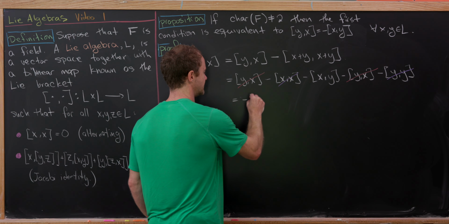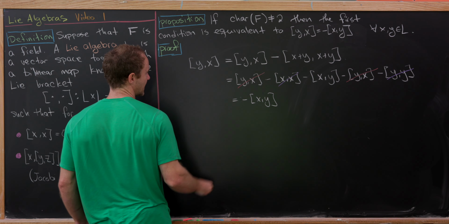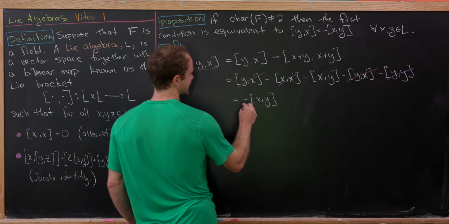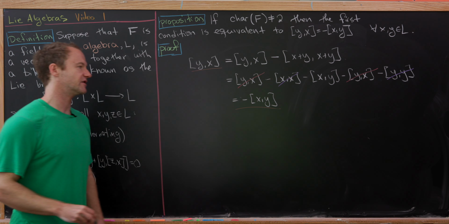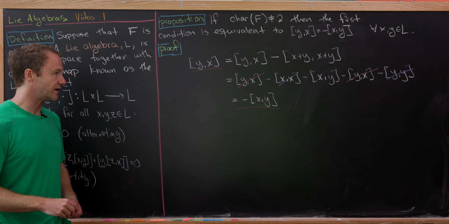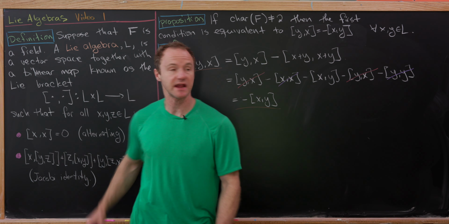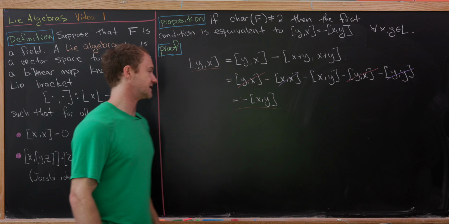This collapses to negative bracket xy. So let's see, have we done it? Well, we started with bracket yx and we ended with negative bracket xy. So I guess that proves one direction, and that is that this condition right here implies this condition.